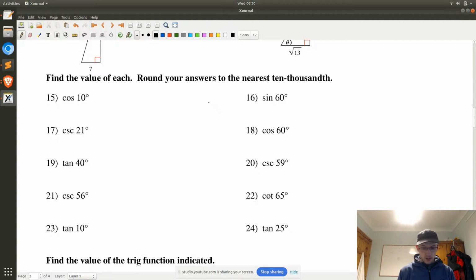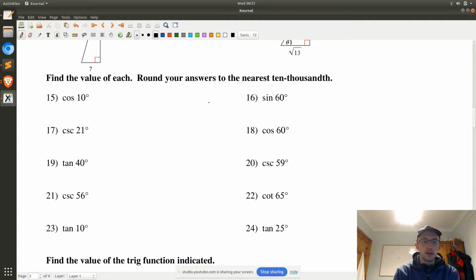Okay, cosine of 10 to the nearest 10,000th. So I just type cos 10, and what do I get? I get a negative value. That's not correct. So that means that my calculator must be in radians. So I go Shift, Menu, I press 2 for angle unit. The menu is quite straightforward.